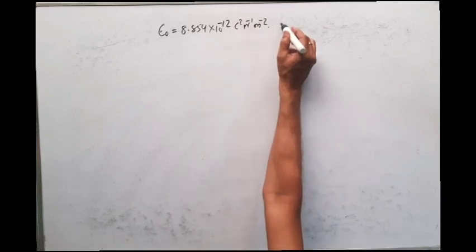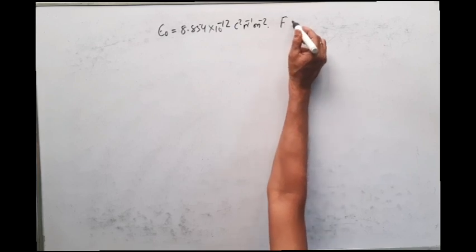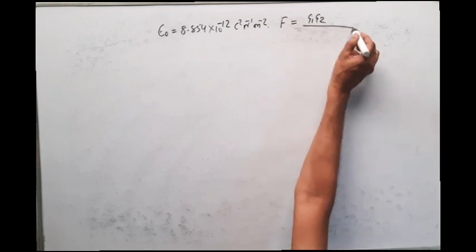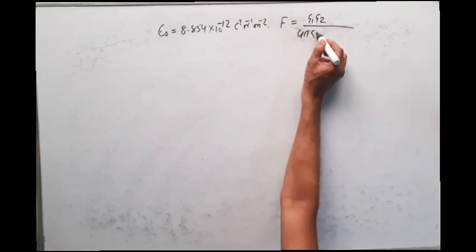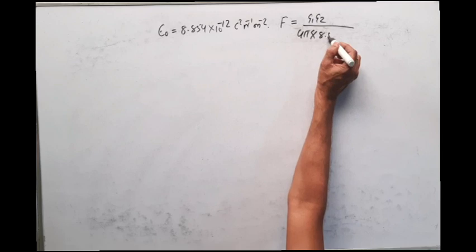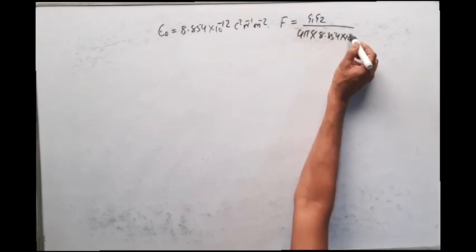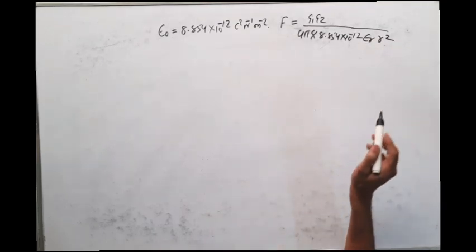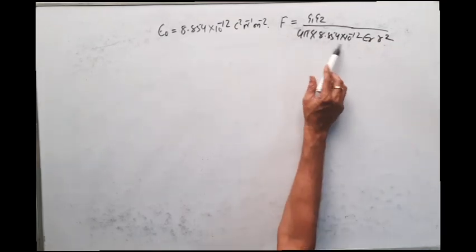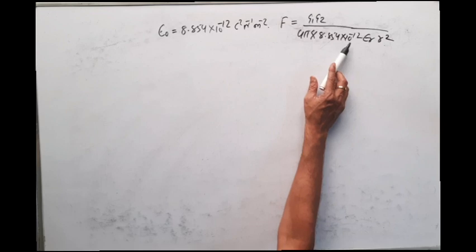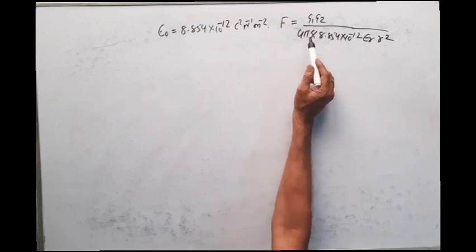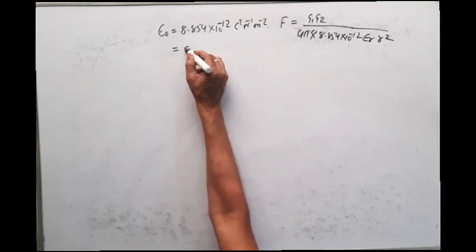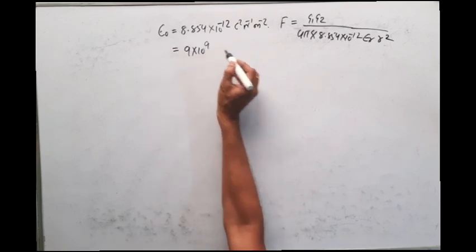So now if I write the force between two charges, we can write Q1 Q2 by 4 pi epsilon naught, which is 8.854 × 10 to the power minus 12, into epsilon r into r square. This 4 pi and this 8.854 × 10 to the power minus 12 are all constants. If you calculate 1 by 4 pi epsilon naught, you will get approximately 9 × 10 to the power 9.